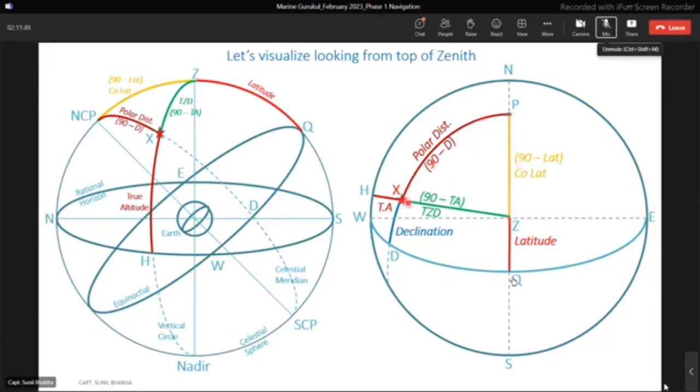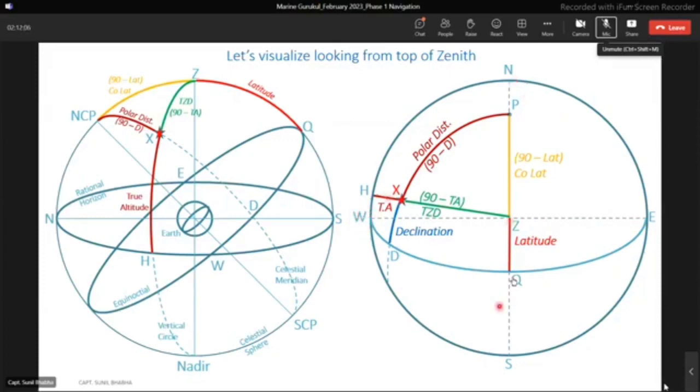And this angle is being measured in this particular direction, which represents the westerly direction.